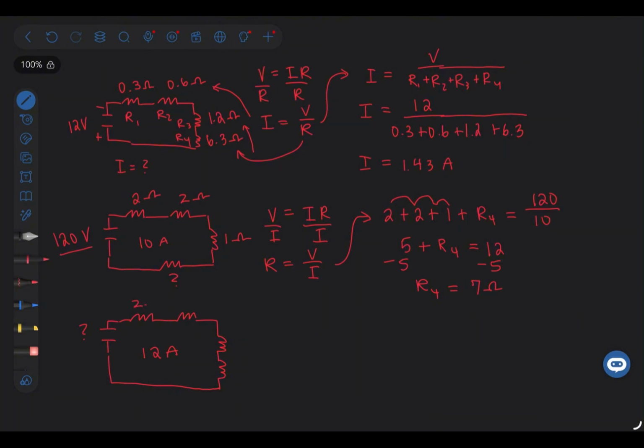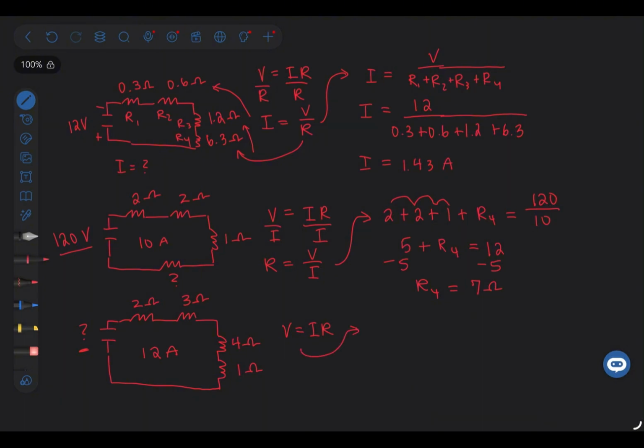The first resistance is 2, R2 is 3, R3 is 4, and R4 is 1. We're looking for the voltage, so V equals IR. It is already formatted correctly, so we can just leave it as is.